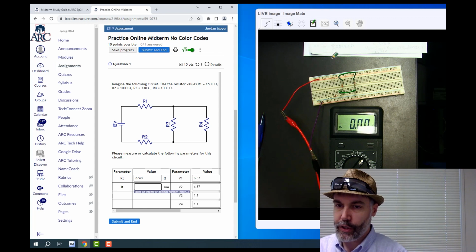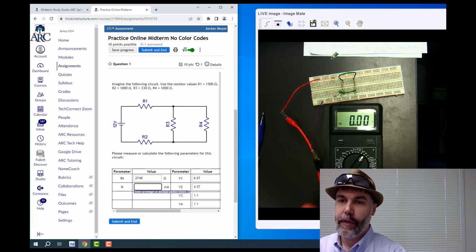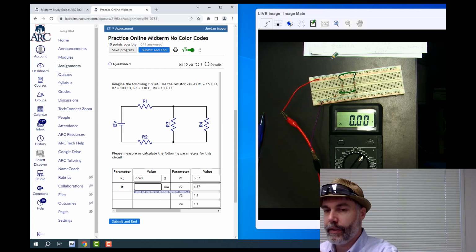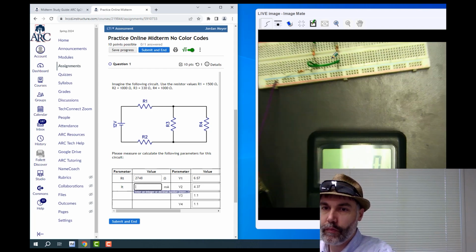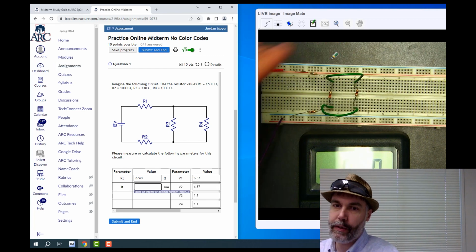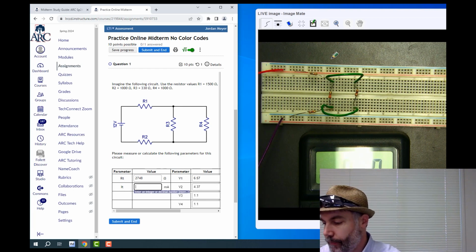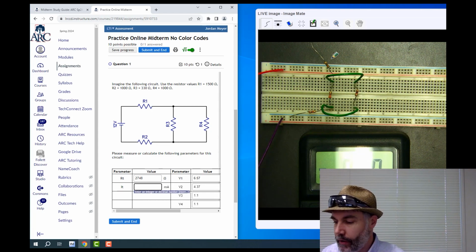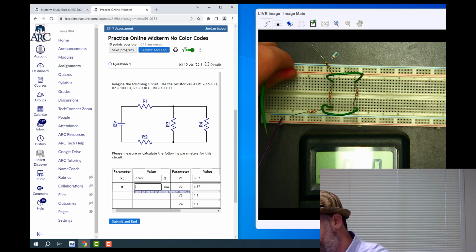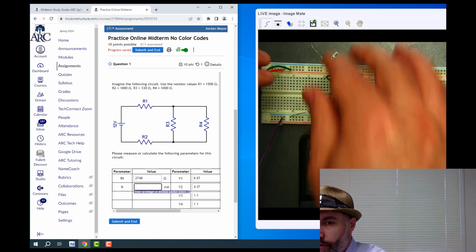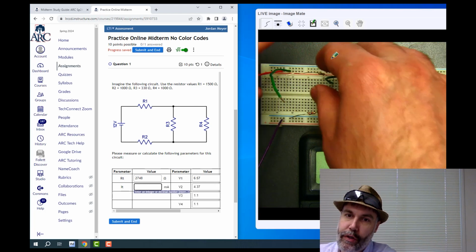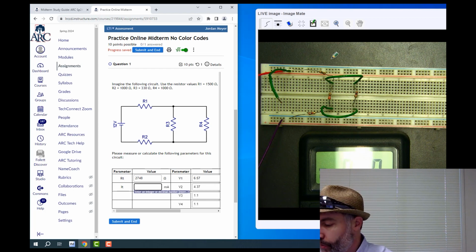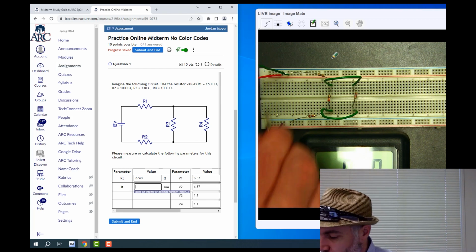And then in order to measure current, we have to partially deconstruct our circuit. So the way that I do this is, when I want to measure the current through a resistor, I pull out one end of that resistor, I plug in a lead where that resistor used to be connected, and then I've got two loose ends of the circuit, the end of the resistor and the end of this wire. And then I connect those two loose ends to my meter.